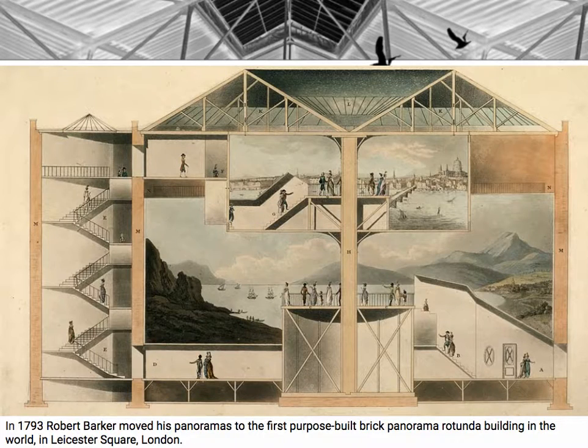And Barker was really successful with his panoramas, and he made a fortune making these big buildings, like this one at Leicester Square in London, that people could go into and explore a panorama. These panoramas were so huge that they come close to entering a sphere.